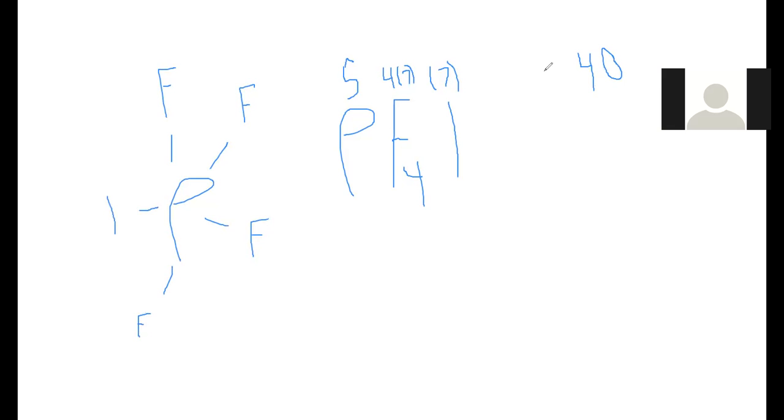So I have just used up 10 of my electrons in my 5 bonds here. 1, 2, 3, 4, 5. So I have 30 left. Okay. Where are they going to go, guys? Around the fluorine and iodine atoms.